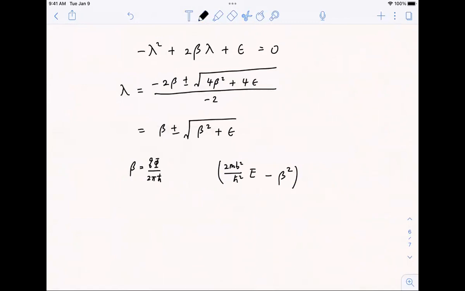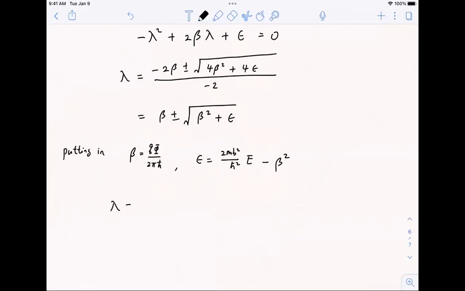Putting in beta and epsilon, then you'll have lambda equal to, I just copy them, plus minus.